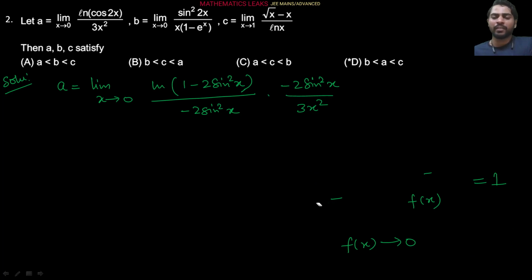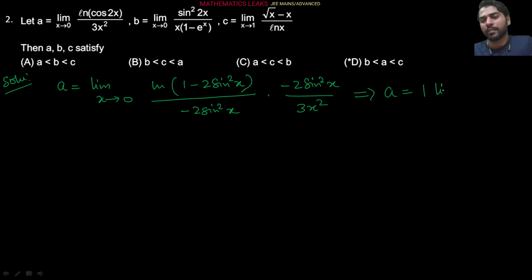So that we can write down directly, that is nothing but 1 only, this part, right? So just observe here. So a is equal to, that quantity is 1, and then this given quantity is limit x tends to 0, minus 2 by 3 and sin square x upon x square.